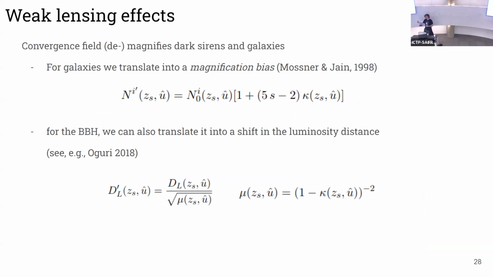But for binary black holes, we can convert it into a shift in the luminosity distance of these events. And this is done by Oguri, for example. And this shift is really, really simple. You just divide by the square root of the magnification, which is given by the convergence field.